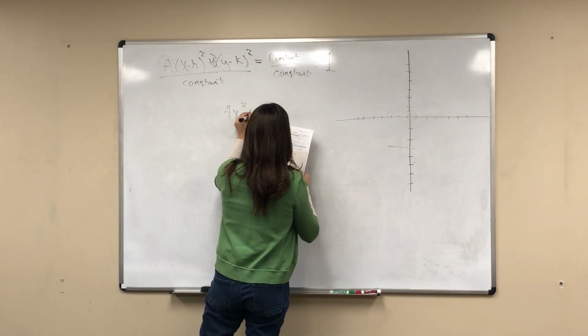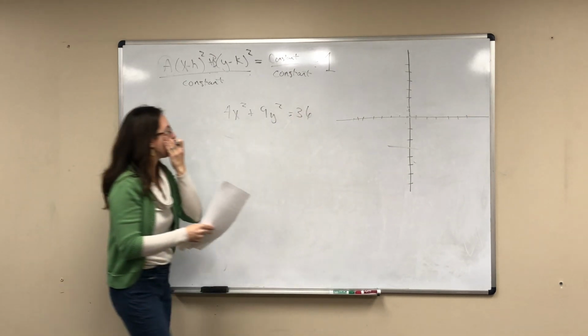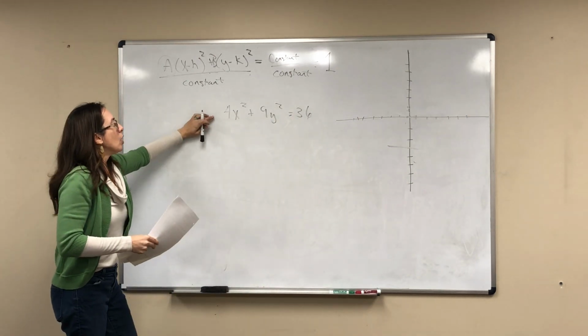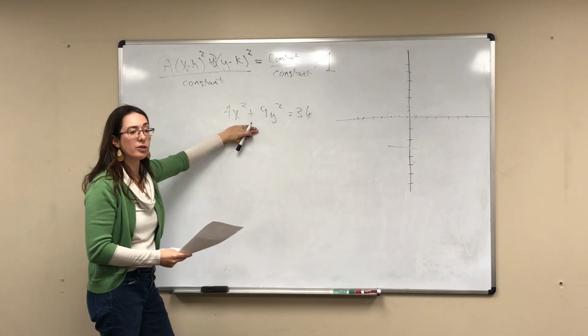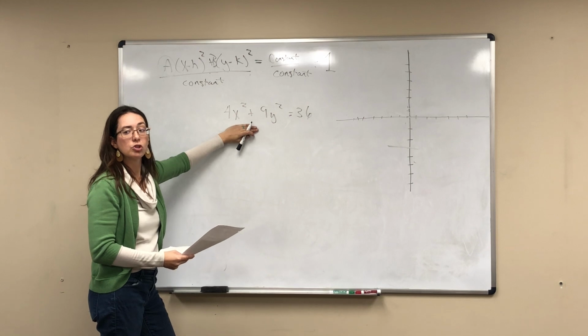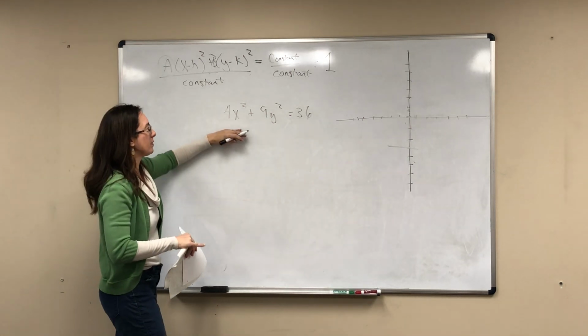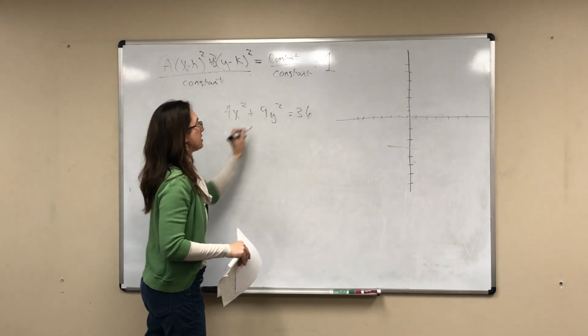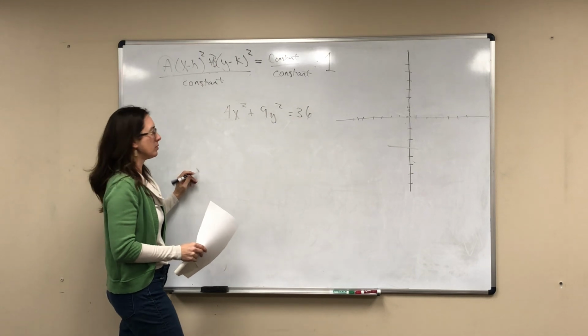Four x squared plus 9y squared equals 36. Okay. Going back to our questions, first off, how many squared terms do we have? Two. So it's got to be either a circle, an ellipse, or a hyperbola. Are our coefficients equal? No, so it cannot be a circle. Okay.